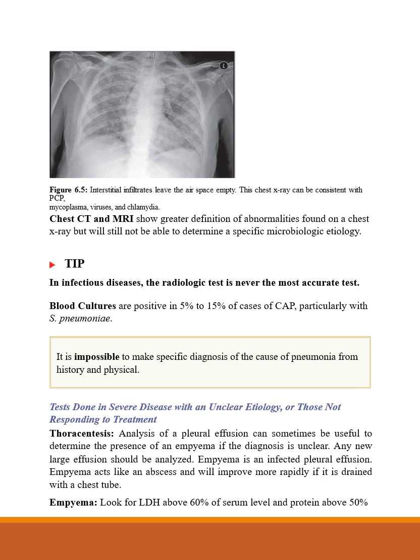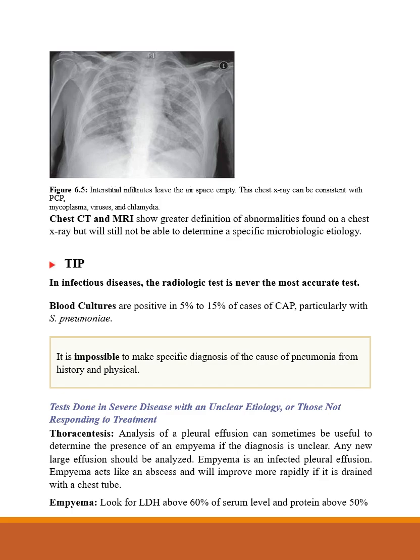Also, thoracentesis can be done, which is analysis of the pleural effusion, which sometimes can be useful for determining the presence of empyema if the diagnosis is unclear. Any new large effusion could be analyzed. Empyema is an infected pleural effusion.